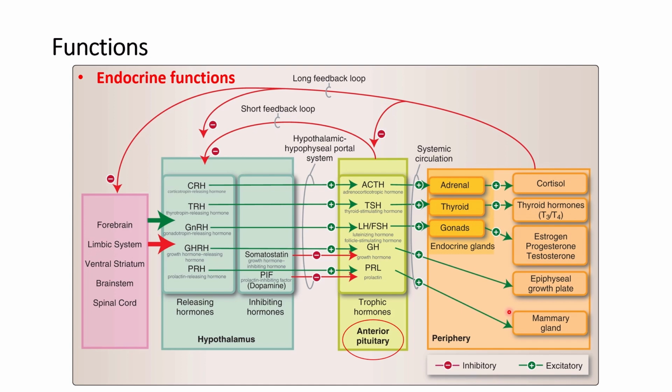So once prolactin level is high enough, again negative feedback, it causes inhibition of the prolactin release, or it will cause stimulation of prolactin inhibitory factor, which is similar to dopamine. Dopamine also causes inhibition of prolactin, so that the person will not have prolactin produced continuously.